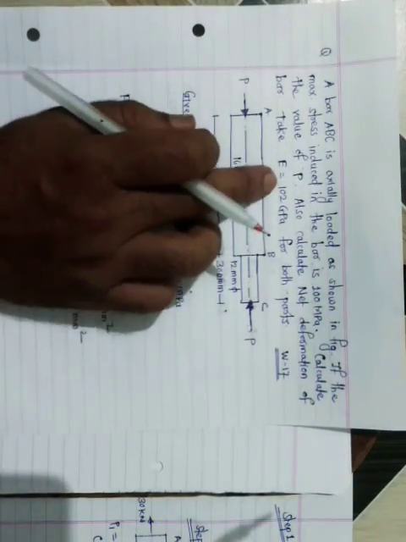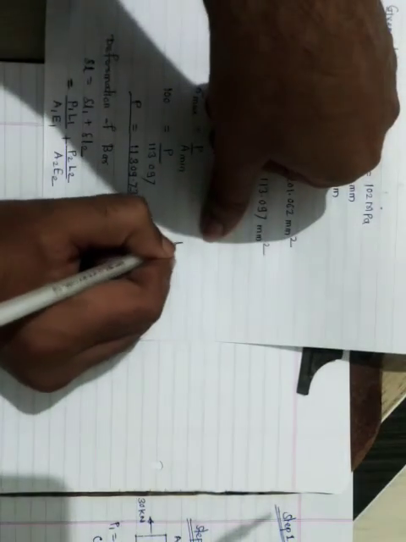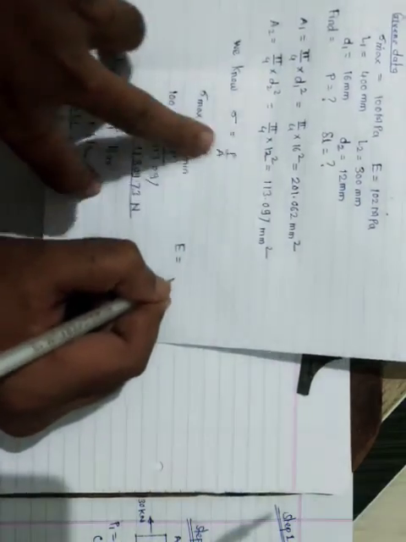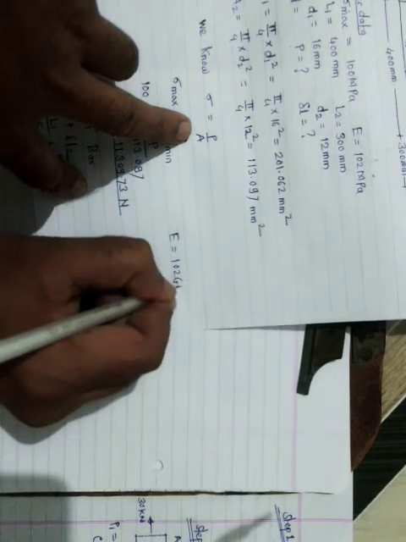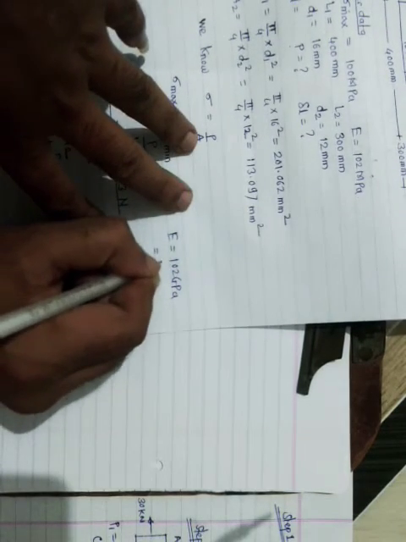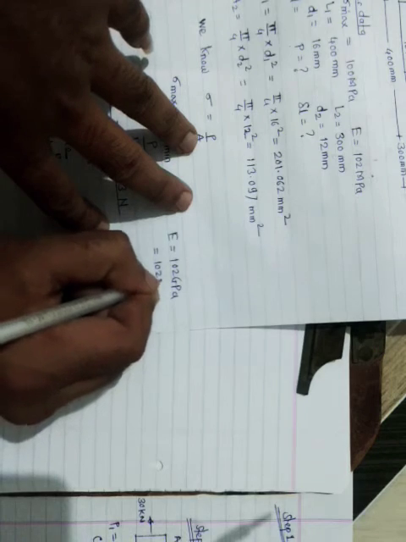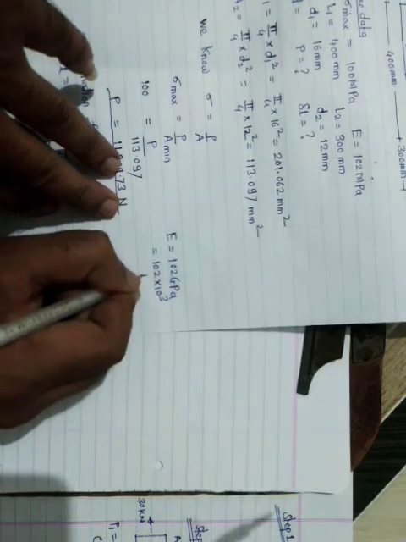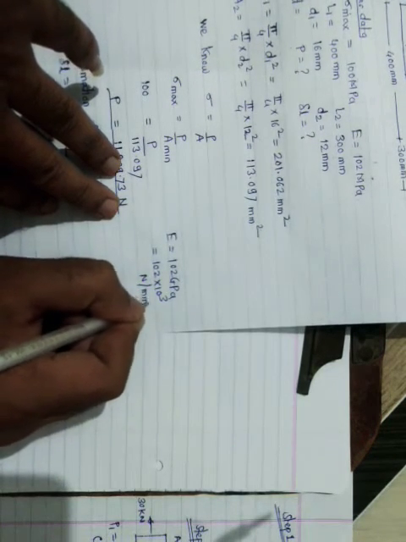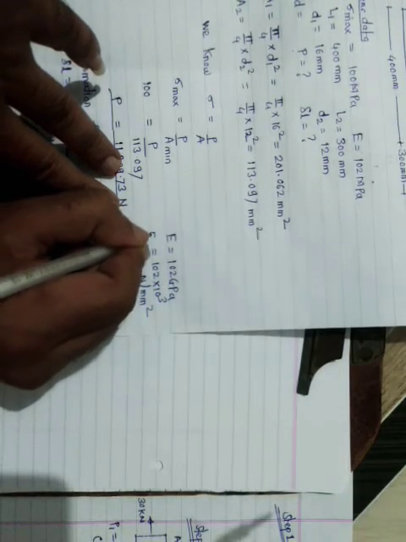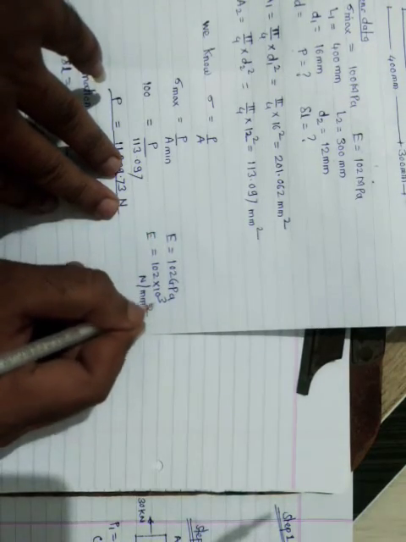E is 102 GPa. Converting to Newton per mm², it becomes 102 into 10 raised to 3 Newton per mm². Use this value.